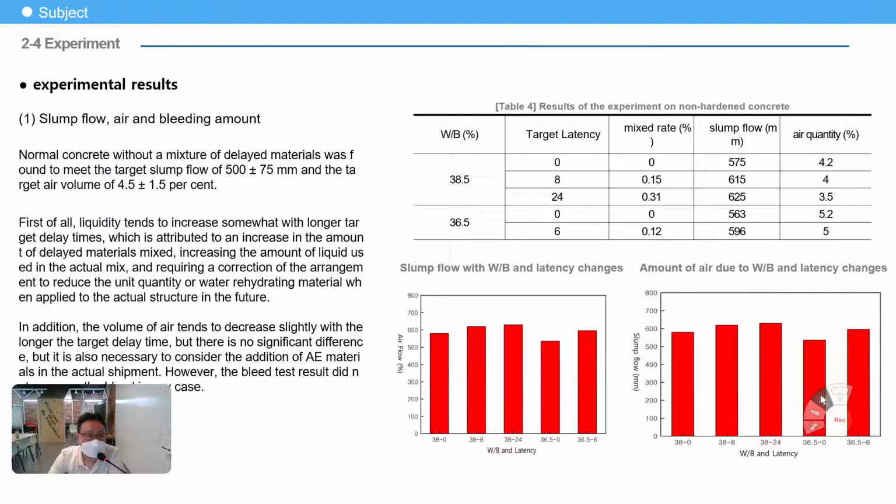This data is the experiment results. First, slump flow, air and bleeding amounts. This table 4 is the result of the experiment on non-hardened concrete.